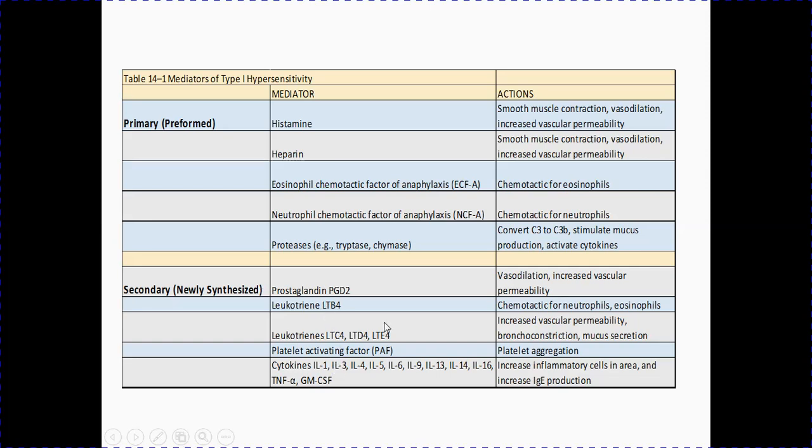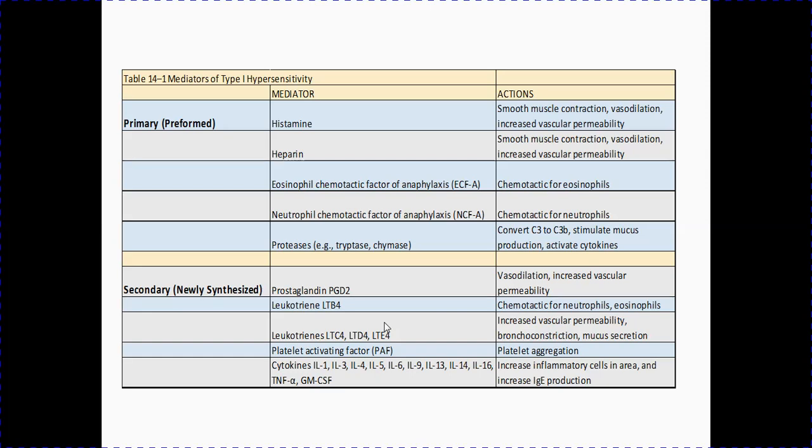Some of the leukotrienes also have effects to increase vascular permeability, but also constrict the bronchial passages as well as mucus secretion.